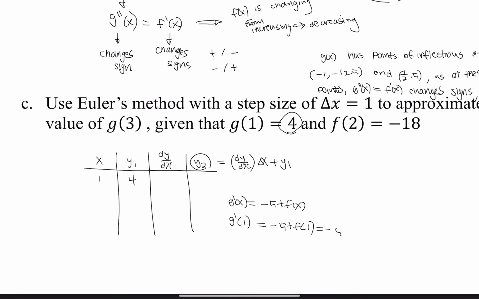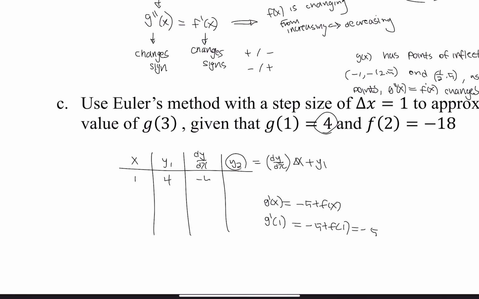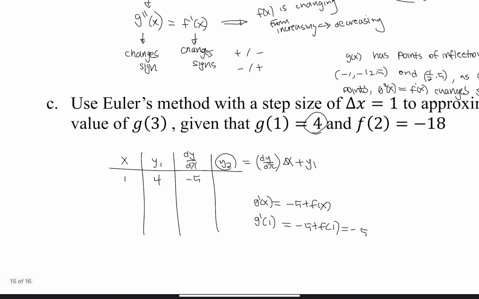That means it's -5. Okay. This one is -5, and then let's try to find a y2 value, which is -5 times step size of 1 plus 4. So -5 plus 4 is -1, right?